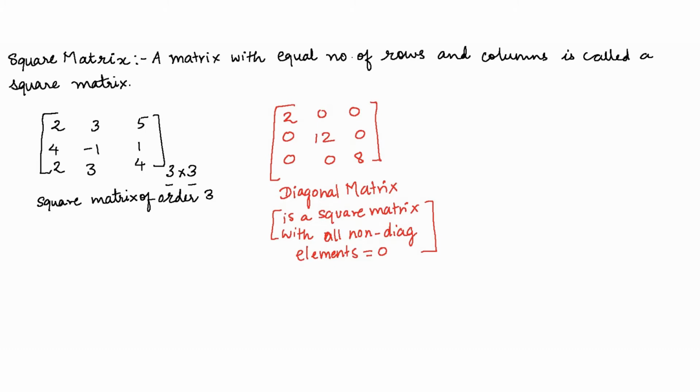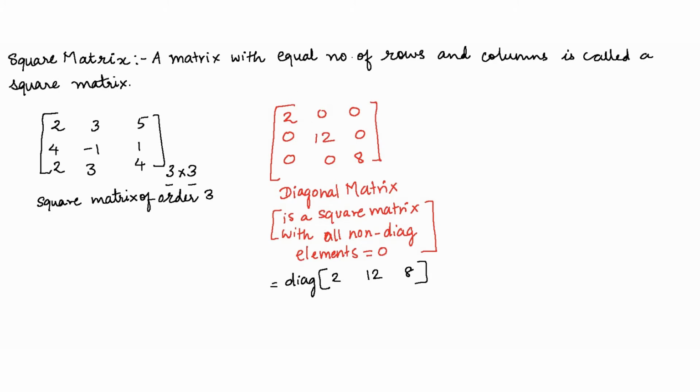Again, just to show you, the diagonal always stretches from the left top to the right bottom, right? So this is the only diagonal that is present in a diagonal matrix, and that's why such matrices can also be represented as diag 2, 12 and 8. So this tells me that the diagonal elements are 2, 12 and 8, and of course based on the number of entries in the diagonal matrix, it also tells me the order of the matrix.